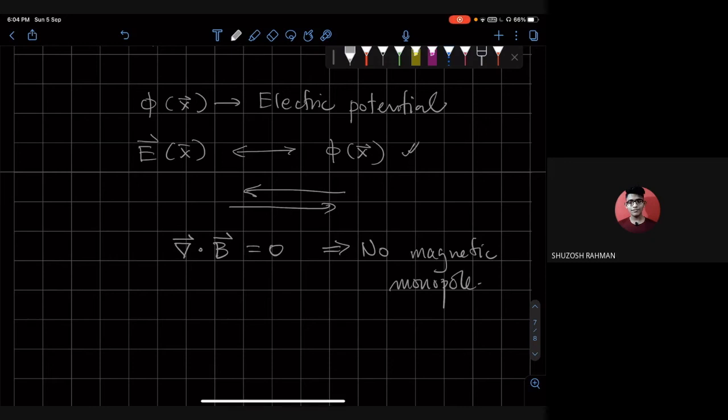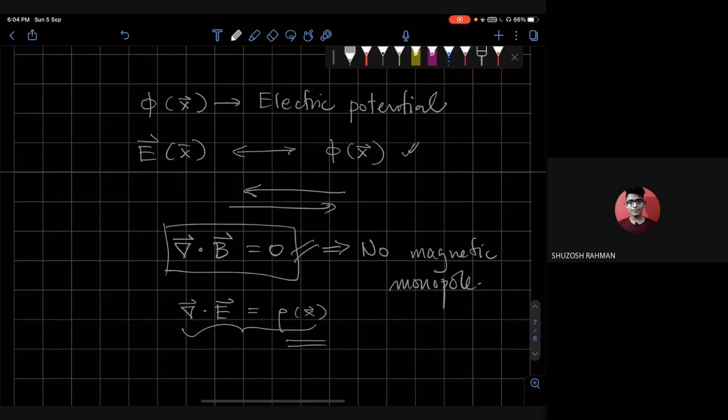Because if I look at the analogous equation from electrostatics, it's going to give me the charge density on the right-hand side. Because we do see electric charges, on the right-hand side of this equation it is not in general 0, but this is 0 because we have not seen any magnetic monopoles. If we see a magnetic monopole, then we'll have to amend this equation. But so far, we haven't seen any magnetic monopole directly.